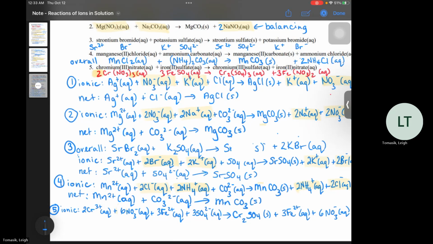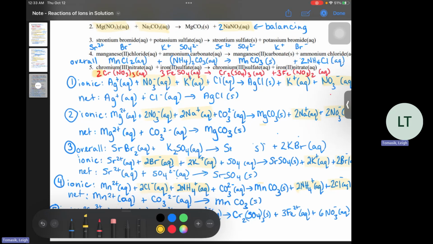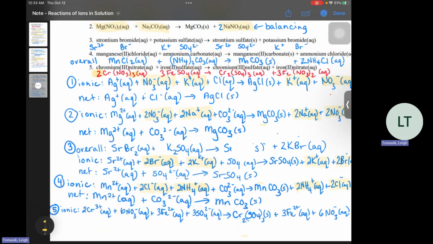So, spectator ions time. The chromium is part of the precipitate. The nitrate is not. And the iron is not.